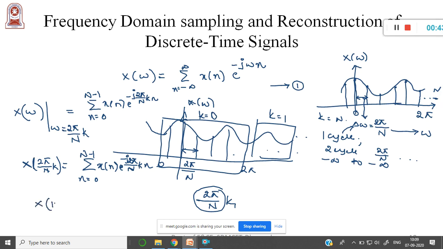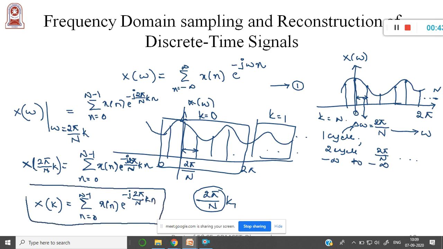So it is x of k equal to summation n equal to 0 to n minus 1 of x of n into e to the power of minus j 2 pi by n kn. So this is my DTFT equation.